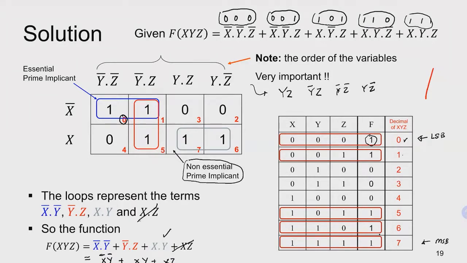Okay, so that loop is non-essential. In our final function, we want all the prime implicants, but because the black one is non-essential, we don't have to put that into our final function.